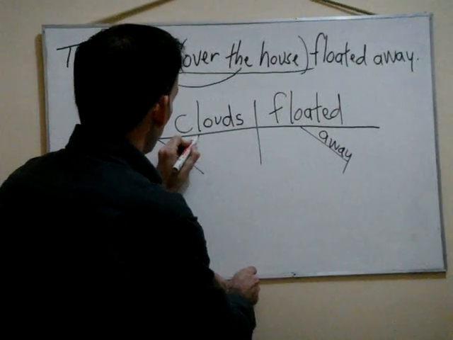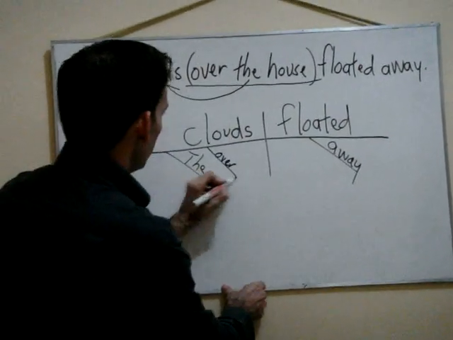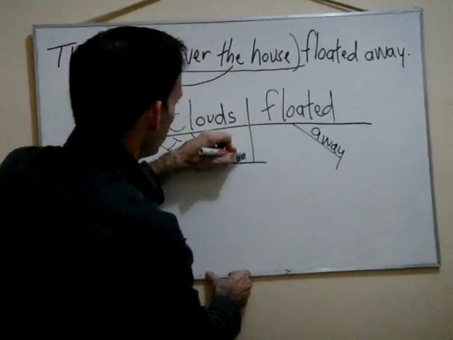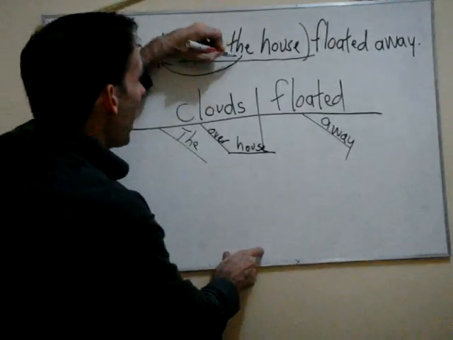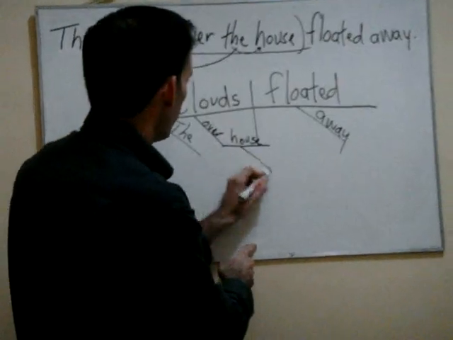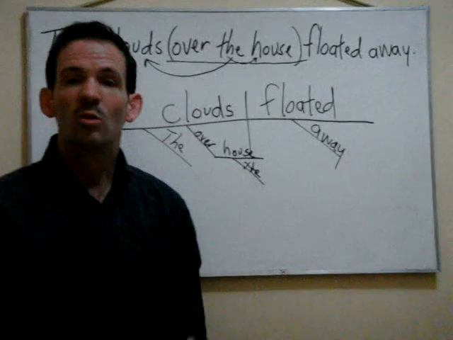We're going to put the preposition over, and the object of the preposition, house. Why? Because the is actually modifying house, if you think about it. So we put that right like this. Let's try another example.